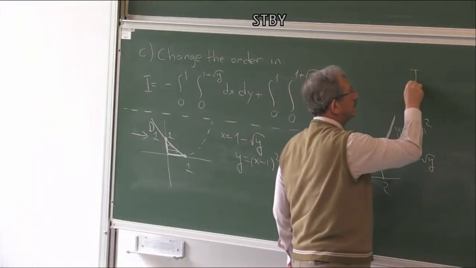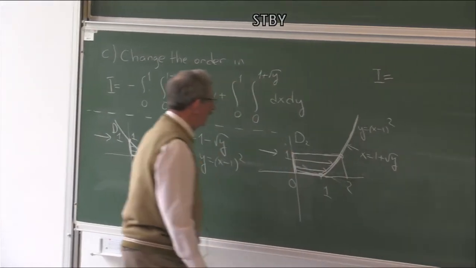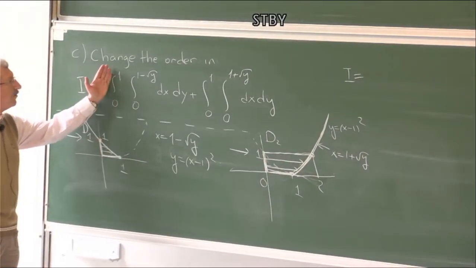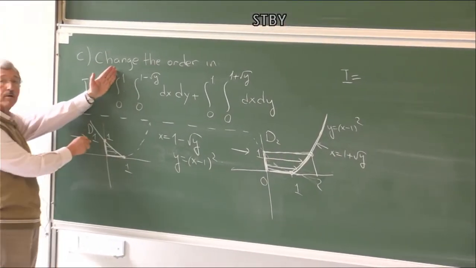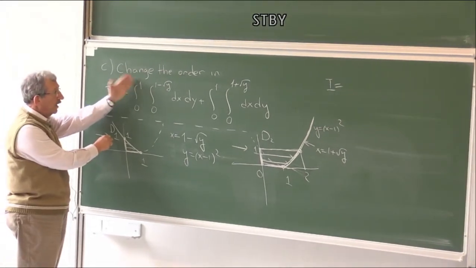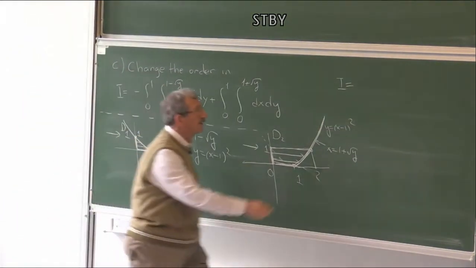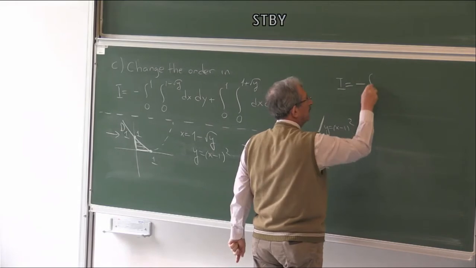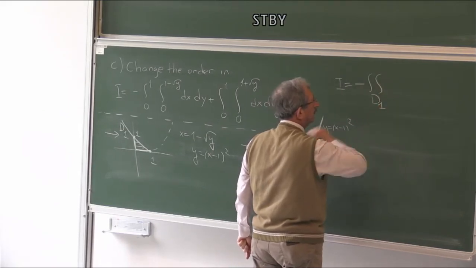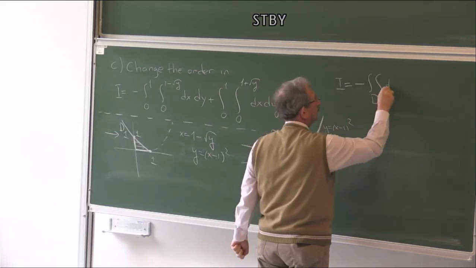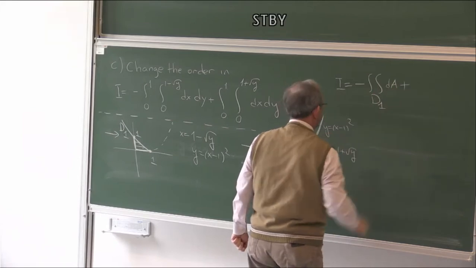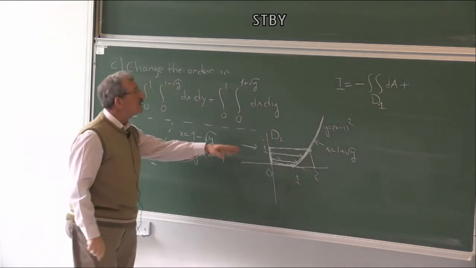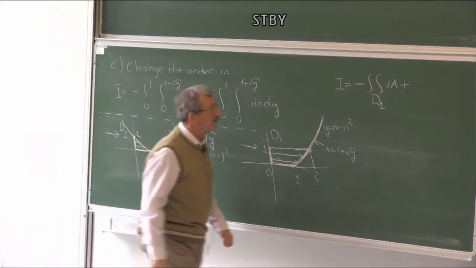So the wanted expression becomes, okay, the first one is a double integral over D1. But we have a minus sign, so it is negative of integral over D1 plus the other one is precisely integral over D2.